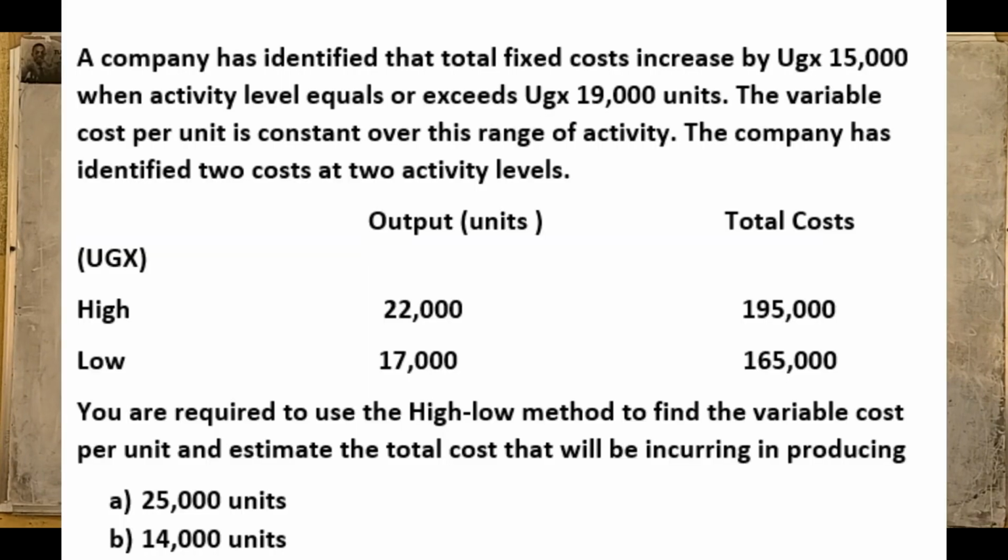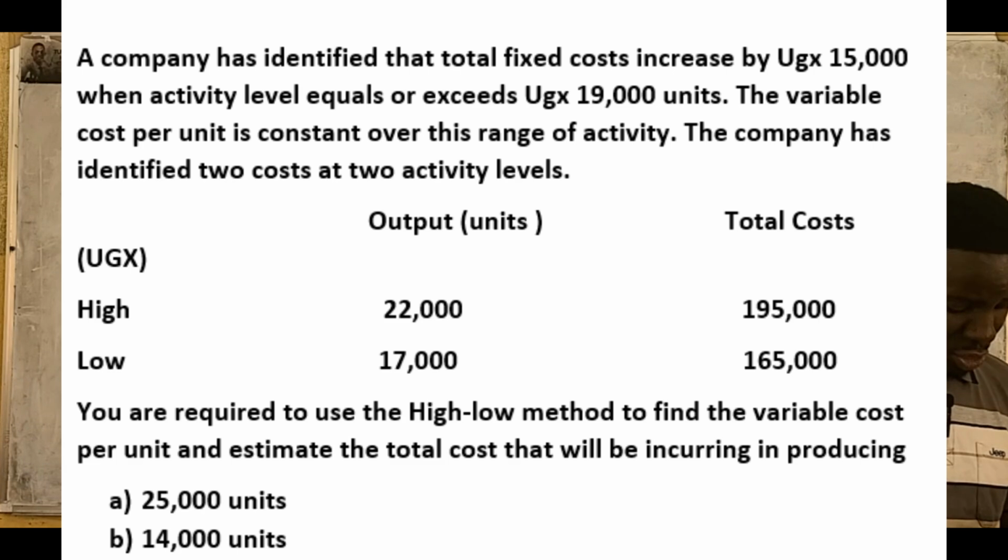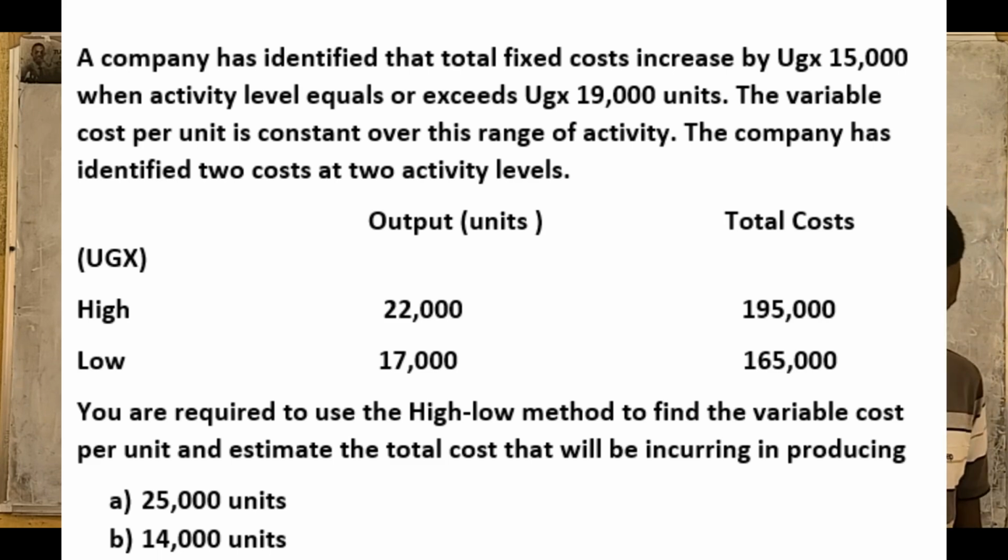So this is the question, and I want us to do it together. It says, a company has identified that total fixed cost increases by 15,000 when activity level equals or exceeds 19,000 units. The variable cost per unit is constant over this range of activity.